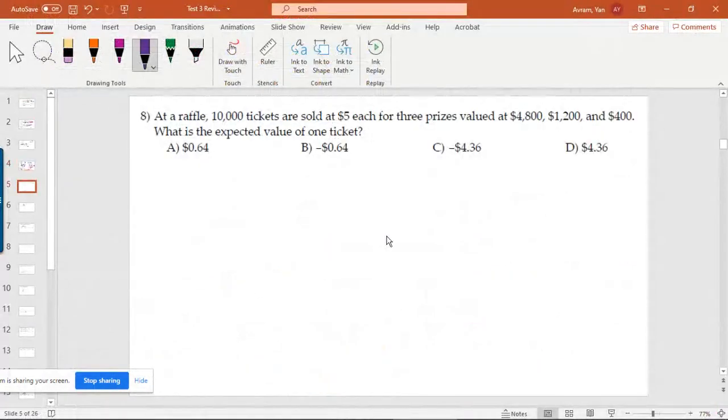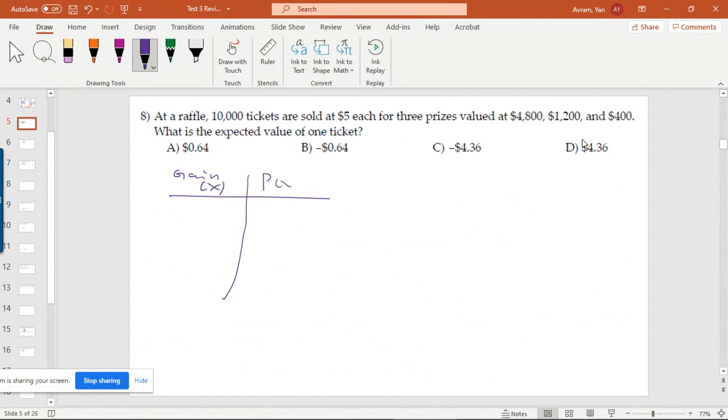All right, next one right here is pretty similar, except this time you have more prizes. When you have more prizes, you just have to set up a little bit more. The procedure is pretty much the same. We're using the gain, and then we're using the probability in here. So this time you have 10,000 tickets, but it costs $5 each.